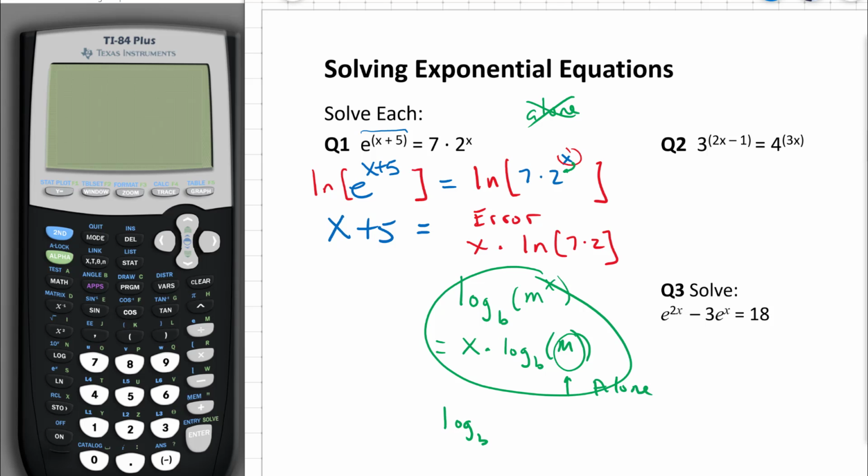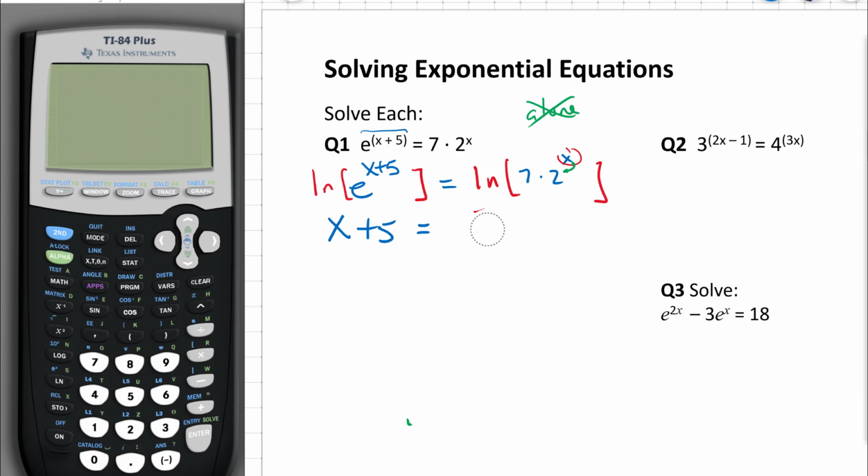However, there is another law that applies, and that applies when we have a multiplication inside. We can separate the multiplication inside into the addition of two logs. And we're going to need to do that to separate the exponential 2 to the x away from the 7. So we're going to use this second property to help us move forward here. And now we're good to go.